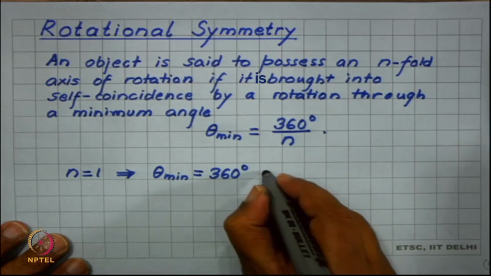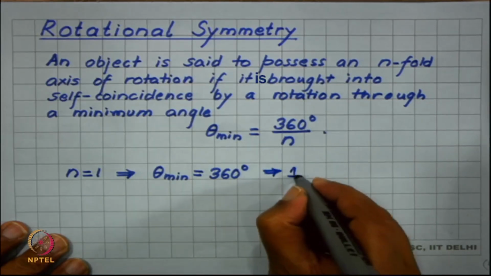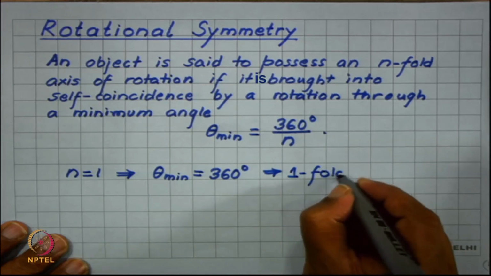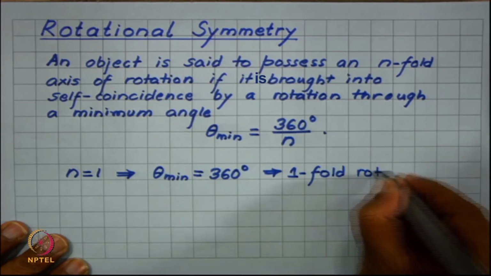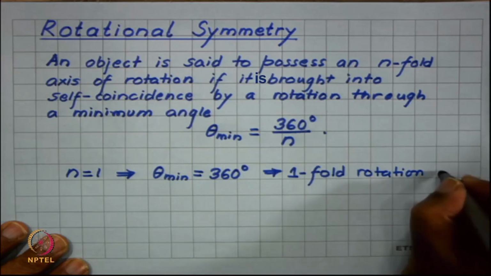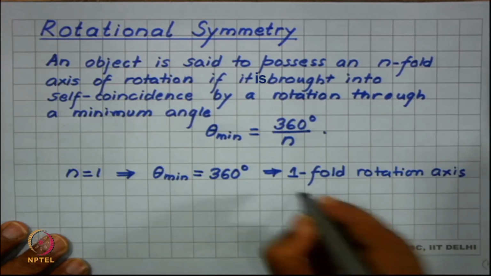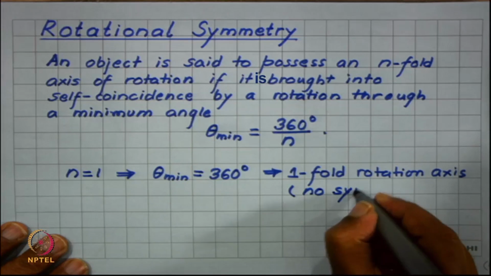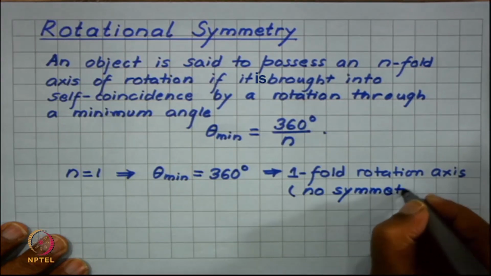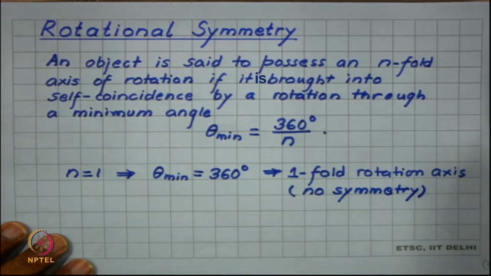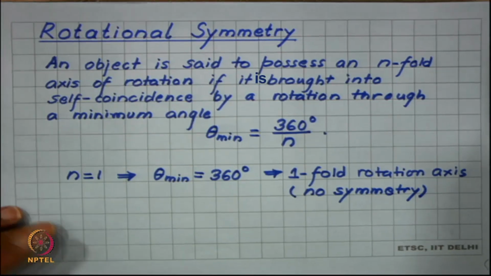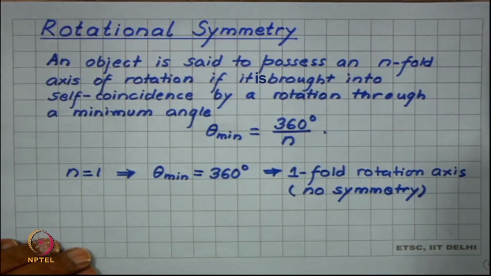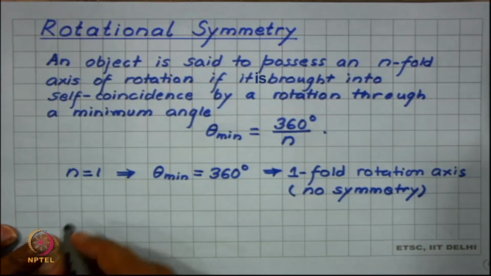So, this can be called one-fold rotation axis, but this is equivalent to saying no symmetry. Instead of making a negative statement that the object has no symmetry, you can make a positive statement it has a one-fold rotation axis, because by 360 degree rotation everything will come into self coincidence.